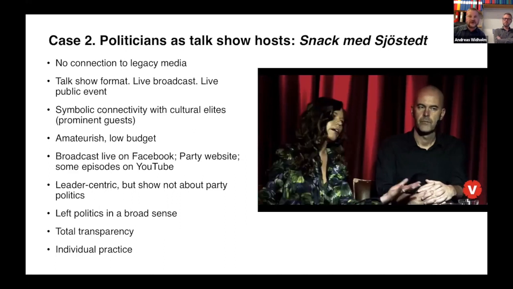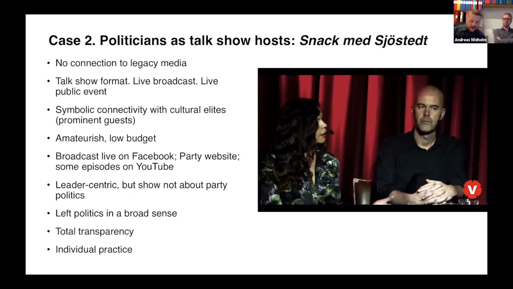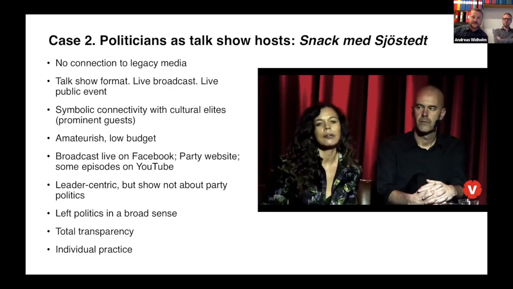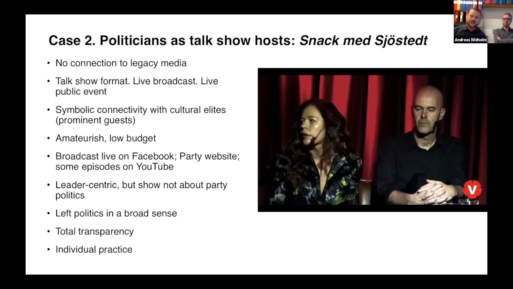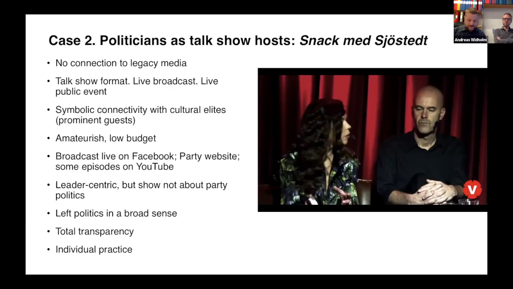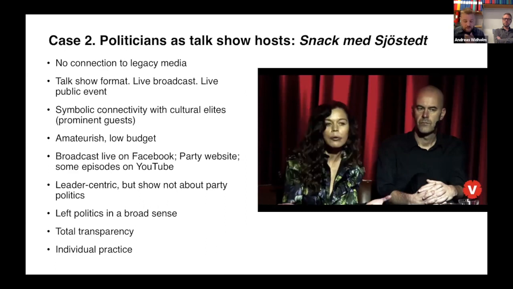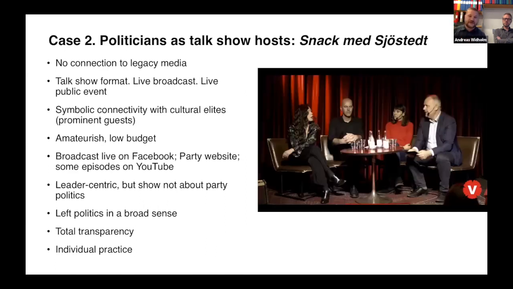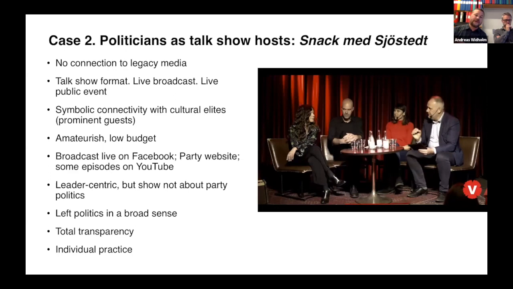The production is sort of amateurish or low budget and centered on the party leader, not on the party politics or policies. So politics come to the fore in more personalized ways through conversation with invited guests. And Sjöstedt and the left party also capitalizes on its relatively high popularity among culture actors. There are really, really sort of highbrow guests in this program.